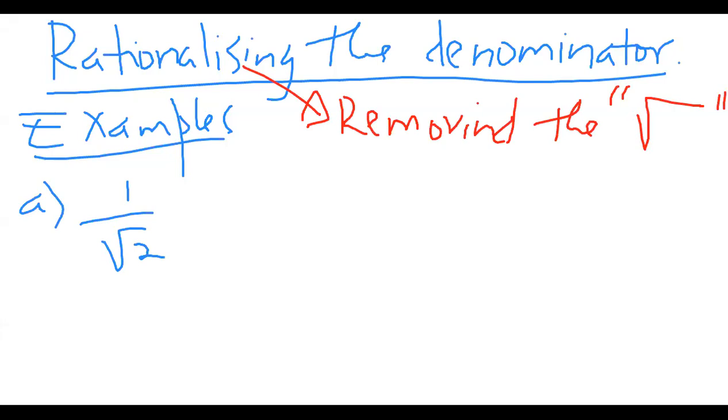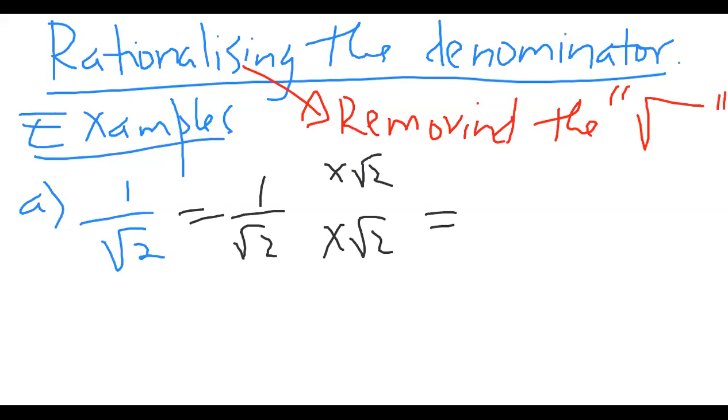We say that in case you don't have anything like a plus or minus in the denominator, simply multiply both the numerator and the denominator by whatever is in the denominator. So this is the same as 1 out of root of 2. You multiply by root 2 in the denominator and root 2 in the numerator.